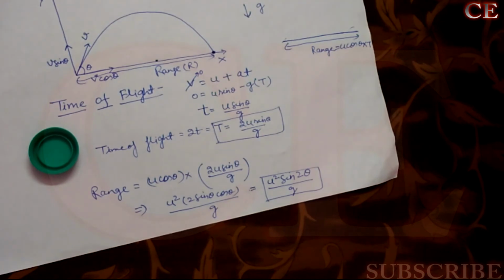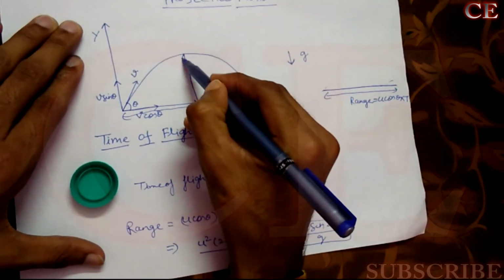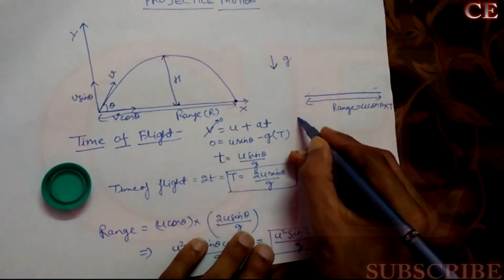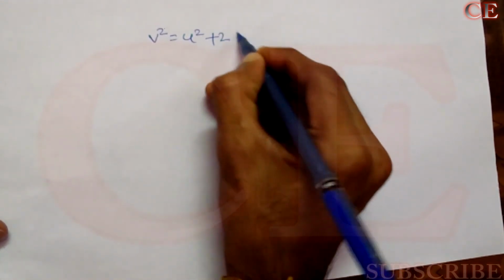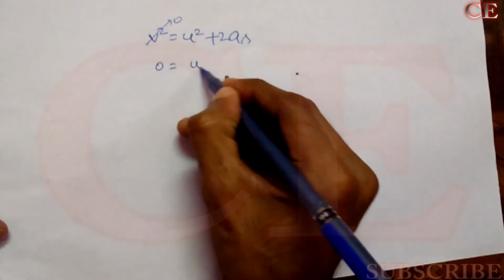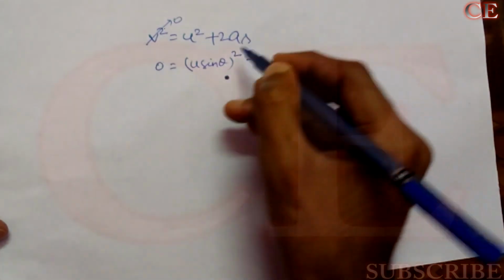Third, the maximum height the ball has reached, let's say it's h. Again applying the equation of motion, v square is equal to u square plus 2as. When the ball reaches its maximum height, its velocity will be 0, and u will be equal to u sin theta.